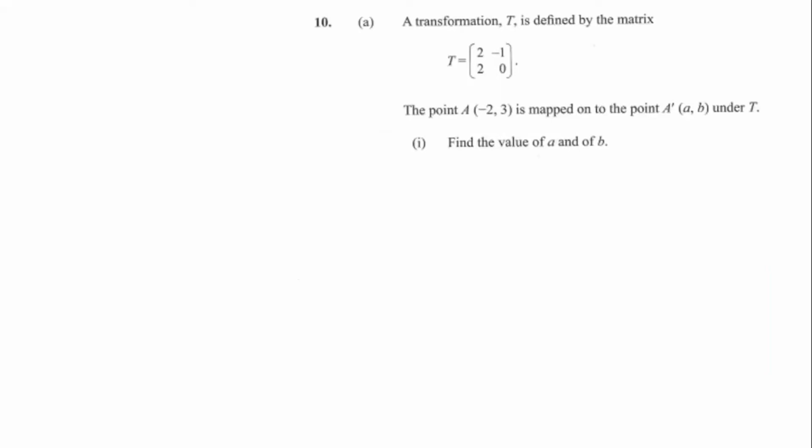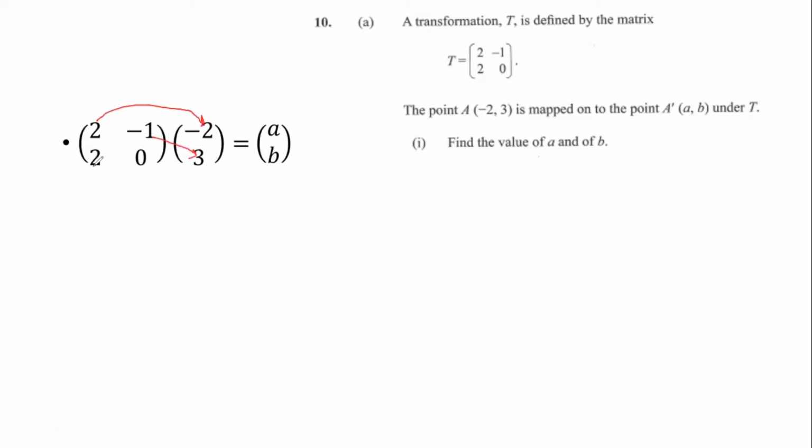So what we know is that we'll have the transformation being multiplied by the point (-2, 3) to give us the point A prime, which is (a, b). So what we'll have is row against column, and then row against column. We'll have 2 multiplied by negative 2, and then negative 1 multiplied by 3.